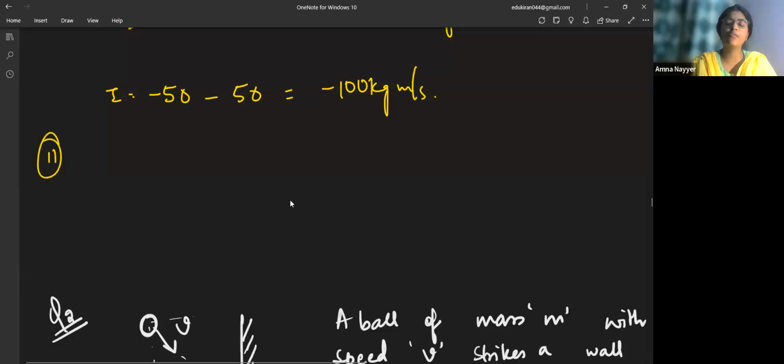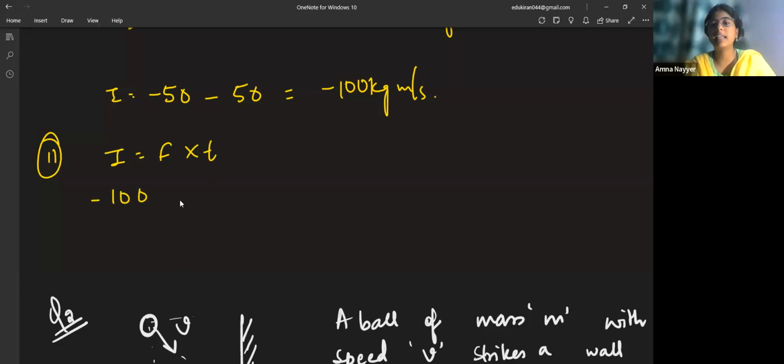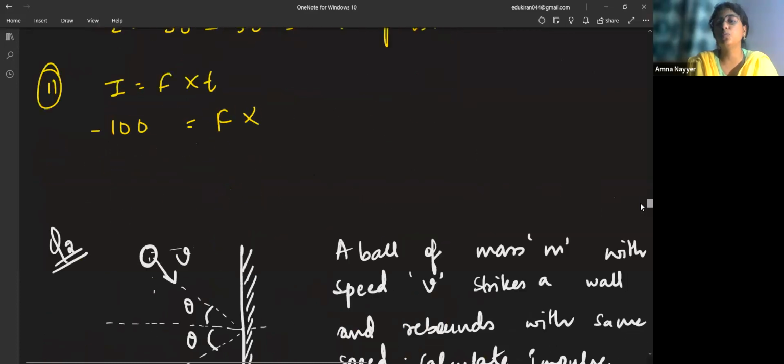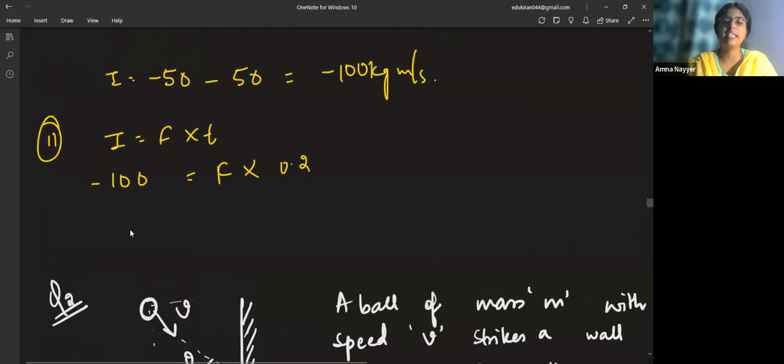In the second part, we have to find the force. Force is unknown, time is also given. Impulse is minus 100 kg meter per second, which is force into time. How much time is given? 0.5. No, I think 0.2 seconds.